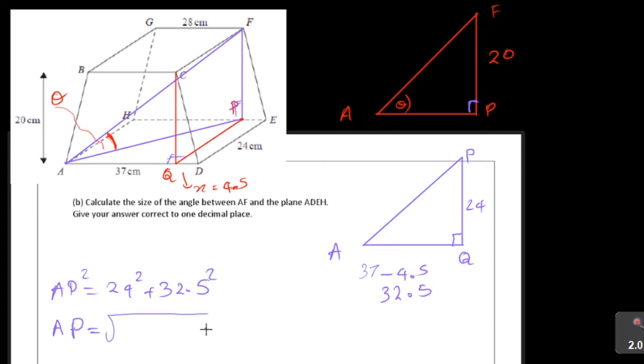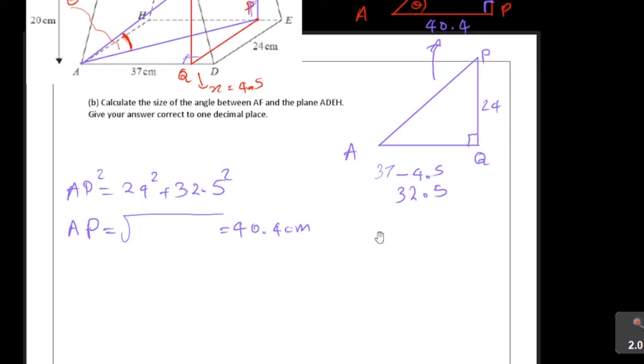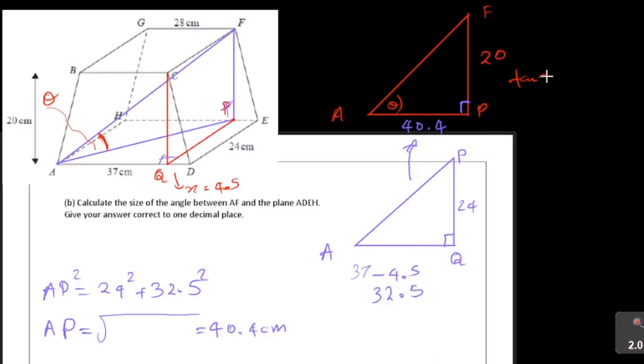I'm going to get the answer 40.4 centimeters. Okay, I got this AP length here. See, this is the same length, equal to 40.4. Now using this triangle, I can easily find this theta, tan theta. Tan theta is equal to PF divided by AP.